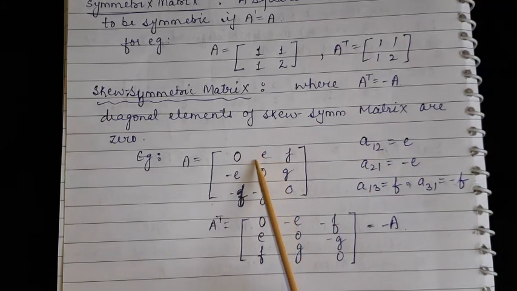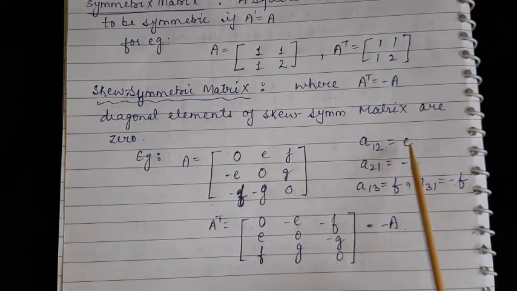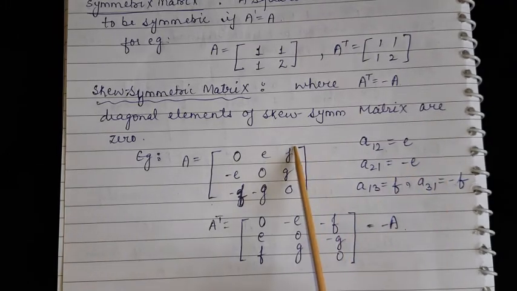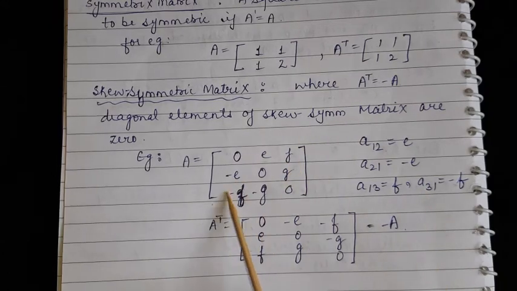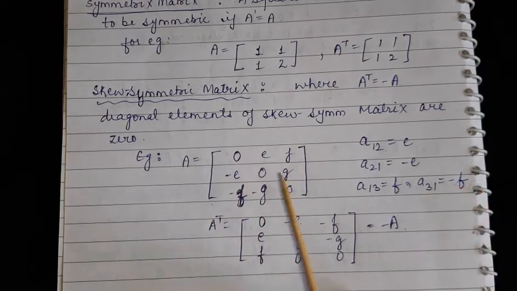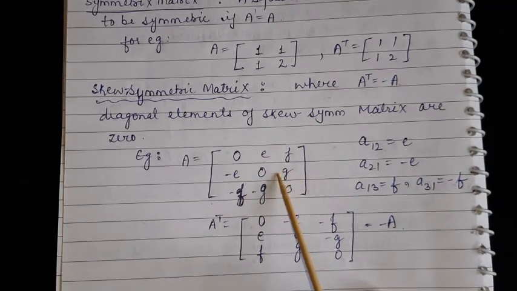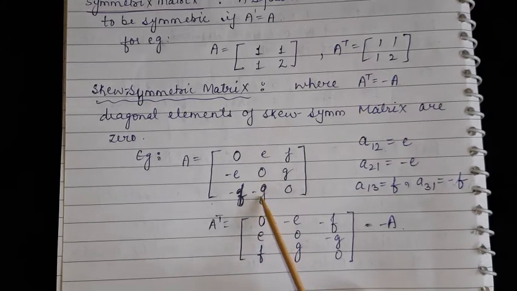See, we have taken A12 equal to E. Then you should take A21 exactly the same but with a different sign. Similarly, as you can see, A13 is F here, and you should take A31 as minus F. And the same relation is between this element and this element also. This is A23, which is G, and this is A32, which is minus G.